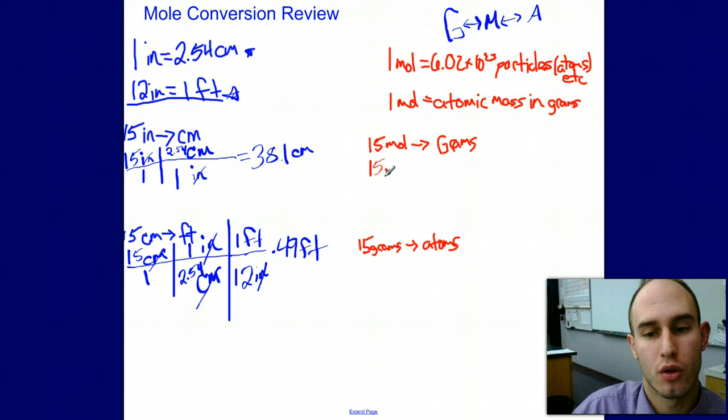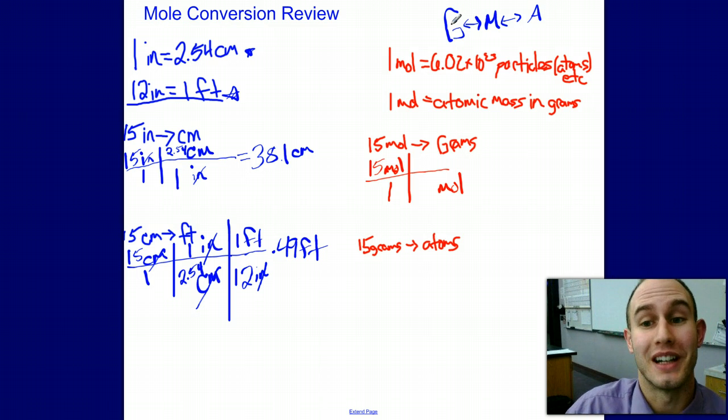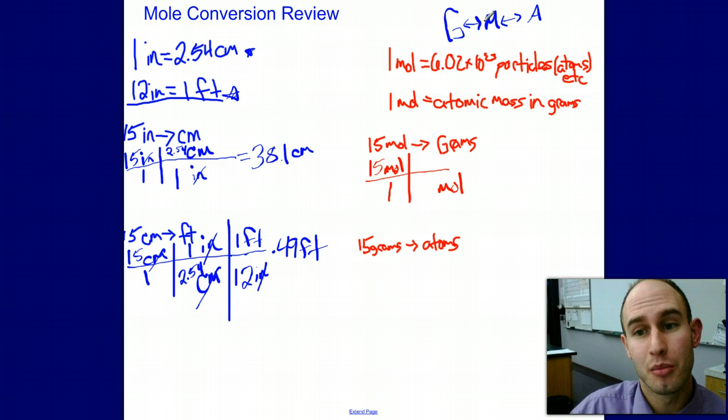So 15 moles over 1 is, again, you start the problems exactly the same way. Mole is on top, mole has to be on the bottom here. And I have this set up right here, this GMA. If you remember it, it works for me. Grandma, GMA, it tells you to go from grams to moles to atoms or to particles. That's kind of our roadmap to follow here.